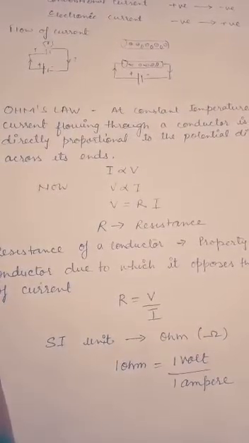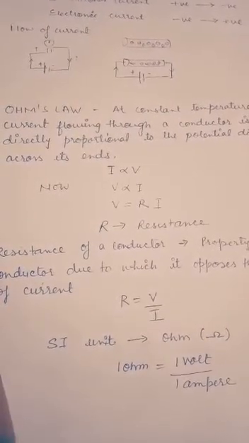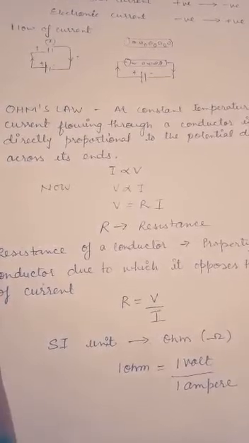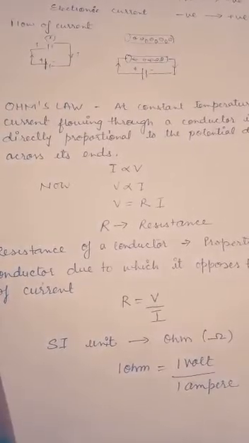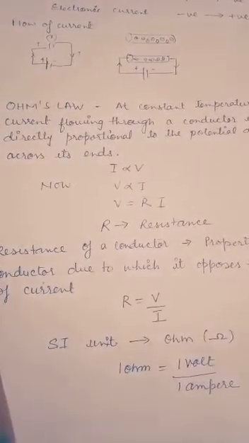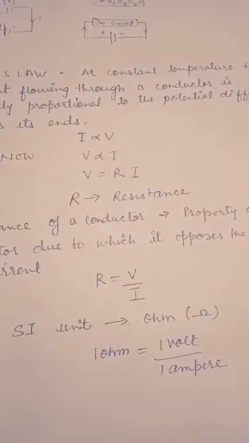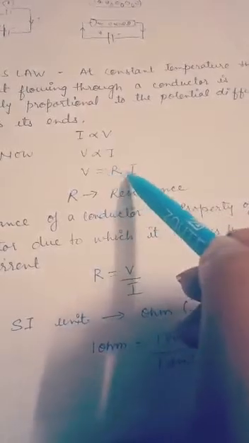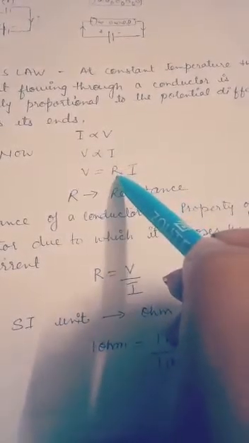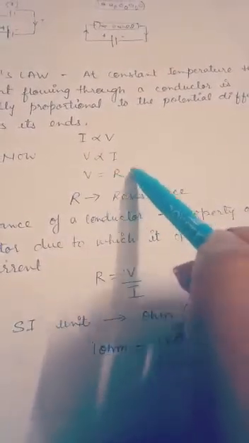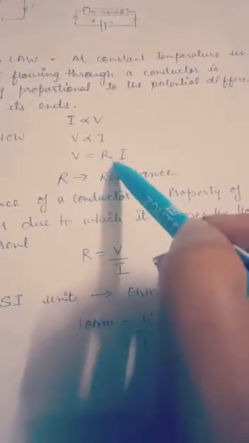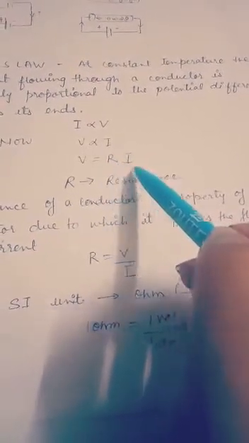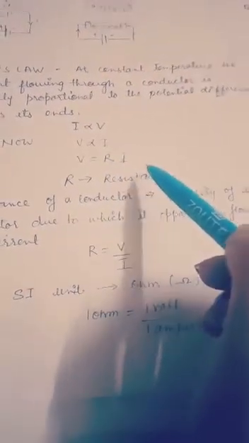That is, I will be dependent on V. If I increases, V increases; if V increases, I increases. So V equals R I, where R is the resistance, a constant quantity for a given material.